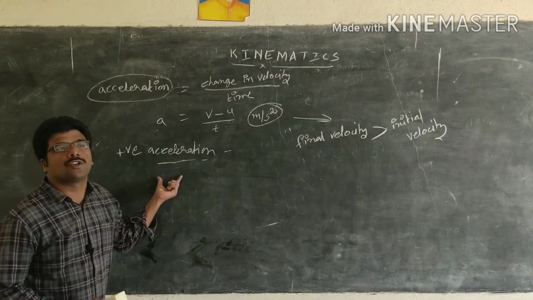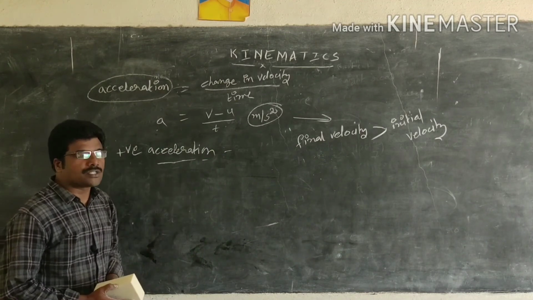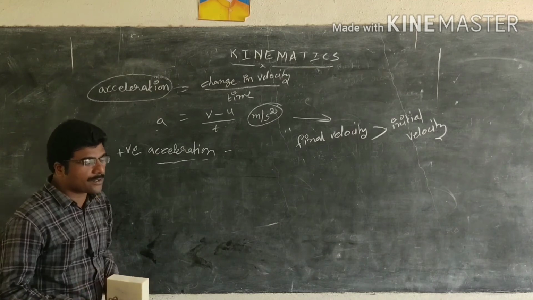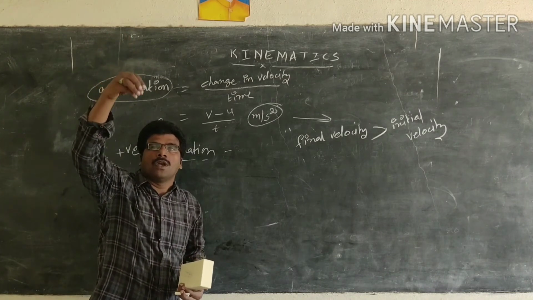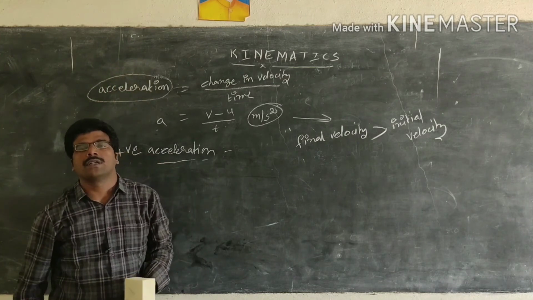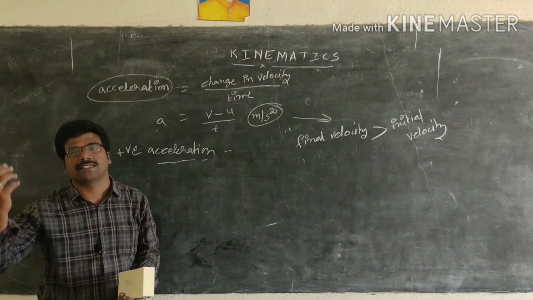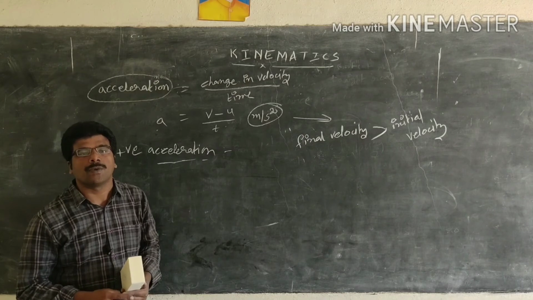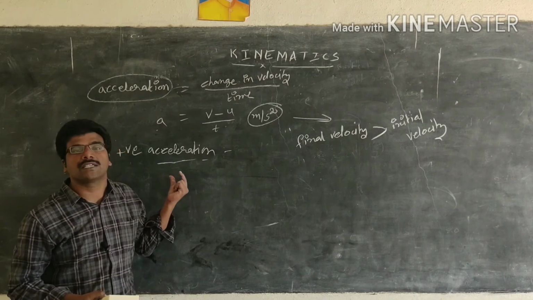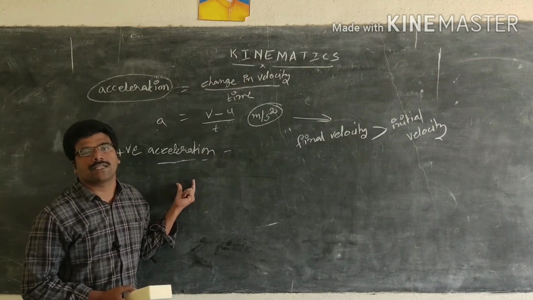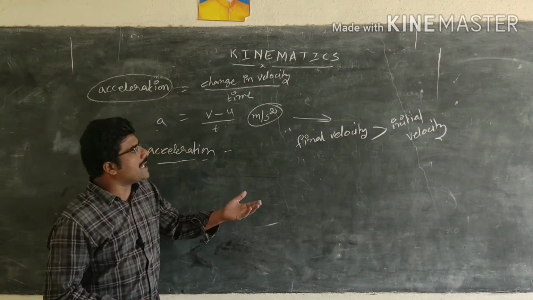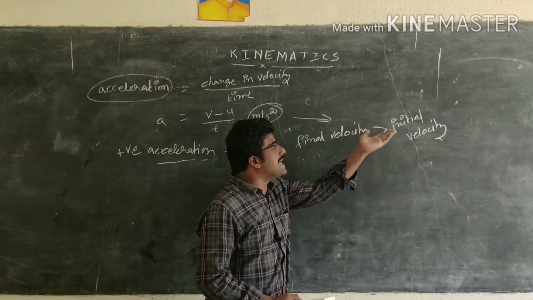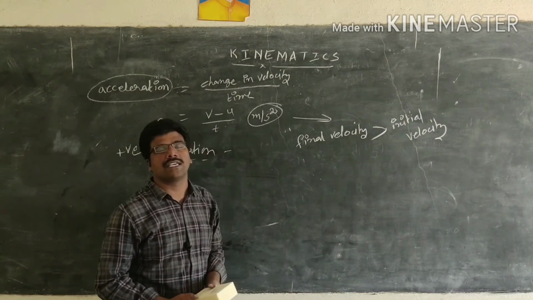For example, if you release a body, as the body moves down, the velocity increases. Then the body is said to have what type of acceleration? Positive acceleration.